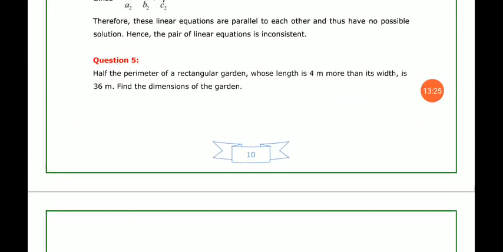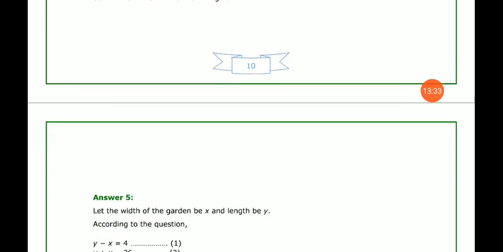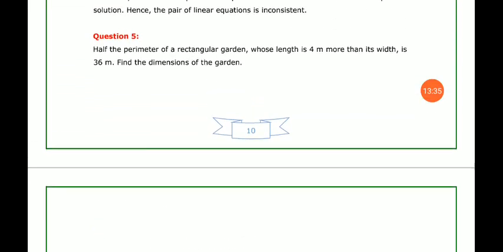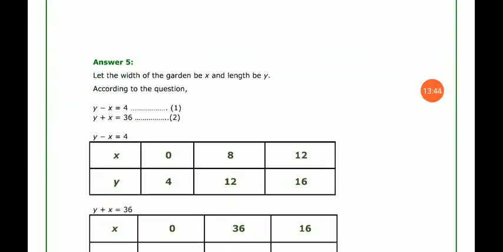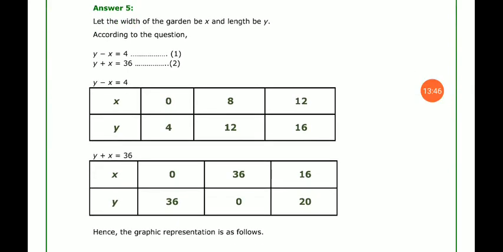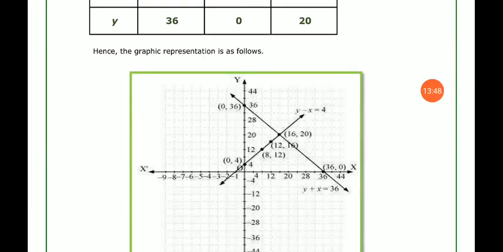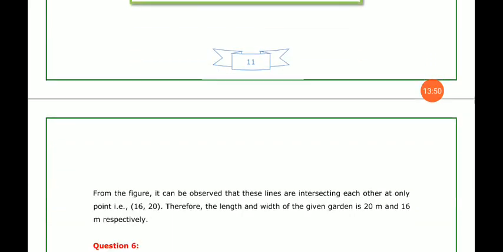According to the question, half of the perimeter means x plus y is equal to 36, and length is 4 more than breadth means x minus y is equal to 4. Since we have to find the dimensions of the garden, and we have not studied any other method, we have to do it by the graphical method only. So make the plot, represent the graph, and find out the length and breadth.